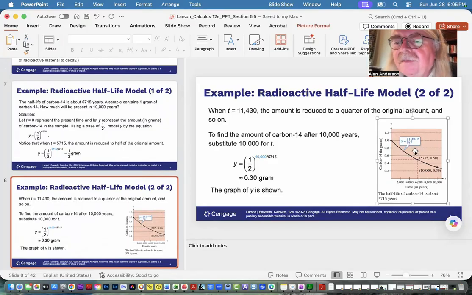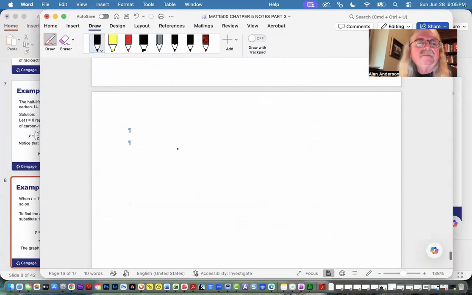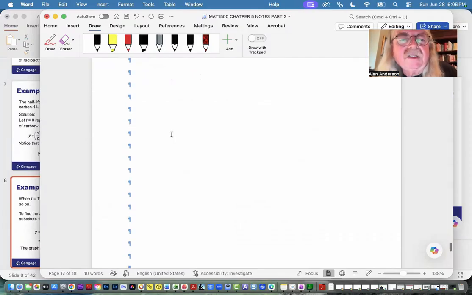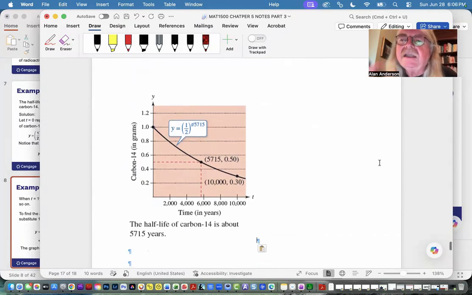And this is the plot that tells us this relationship. All right, let's take a quick look at it. Yeah, so you can see it's decaying very, very slowly. It takes 5,715 years to reduce the total amount by a half. So yeah, that's very slow. Okay.